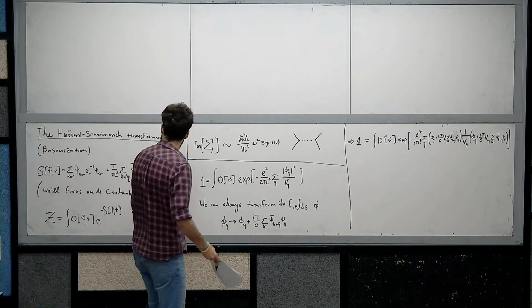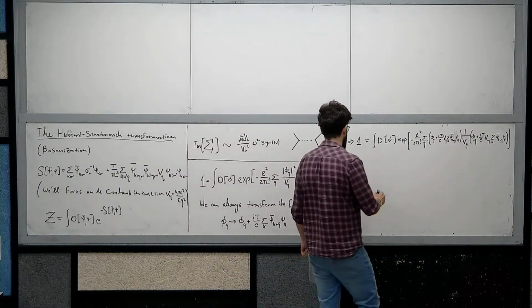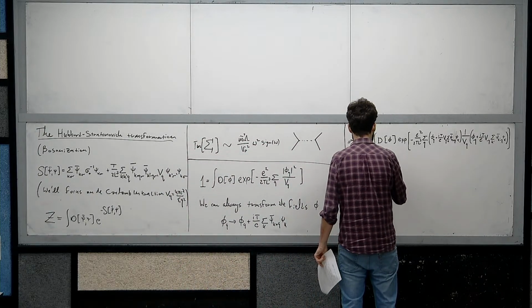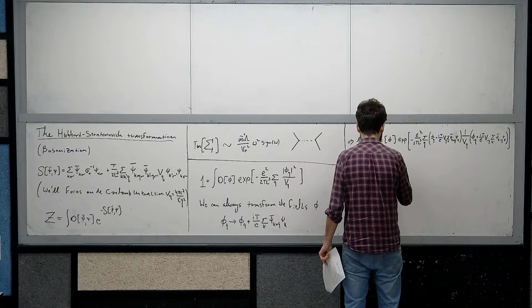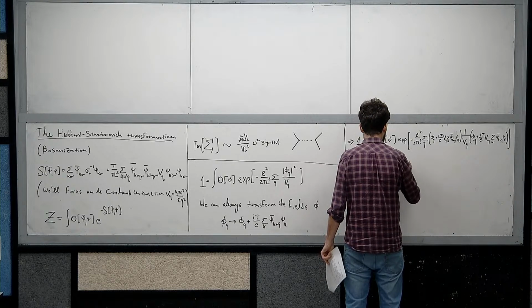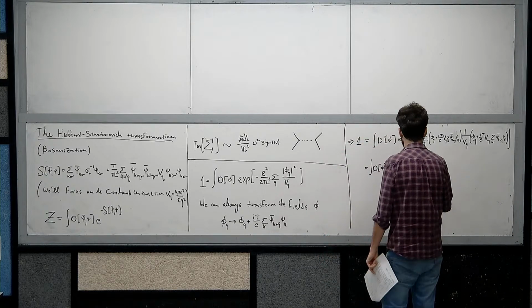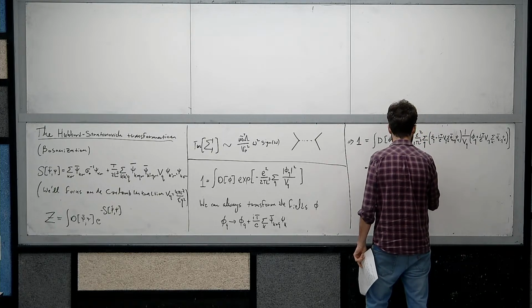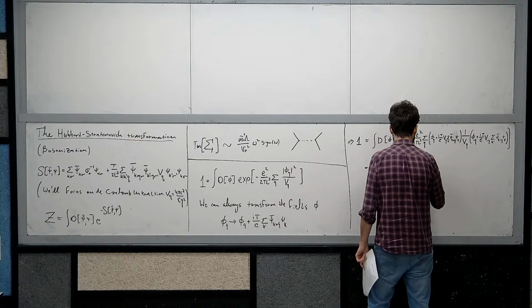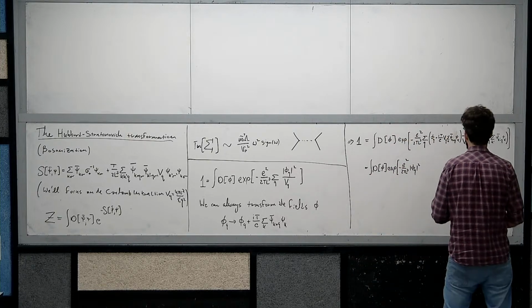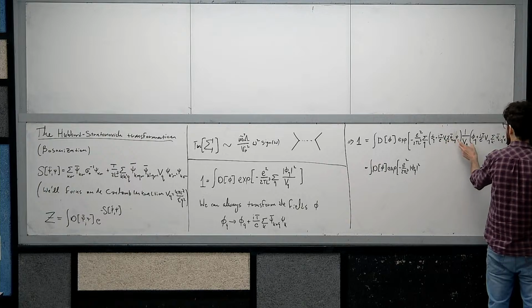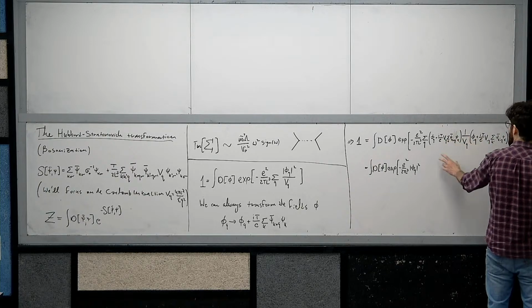Okay? So I get that this thing is an integral d phi, exponent of minus e squared over tl cubed phi cubed squared. Then I have this multiplies that multiplies this, or the other way around.